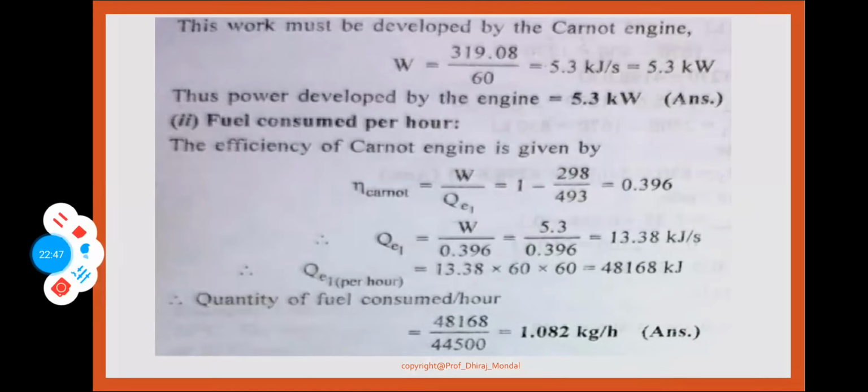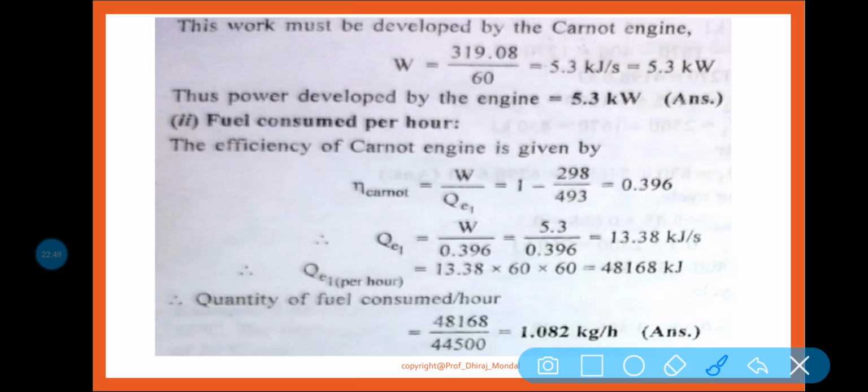Okay, so you know that if you divide this Q_E1 or heat per hour by this calorific value 44500, then this amount, 1.082 kg per hour, fuel consumption should be there.